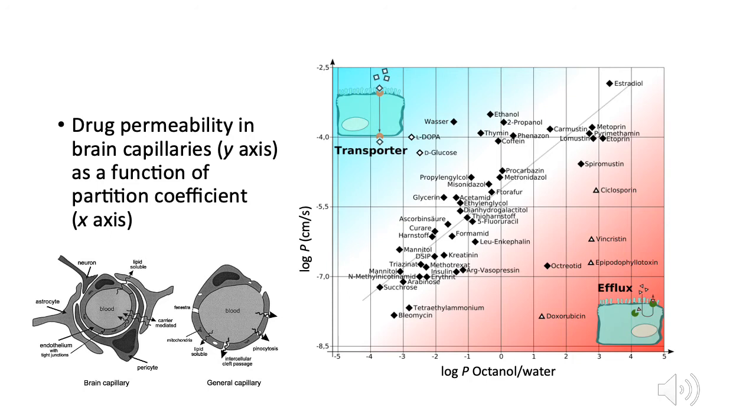We can see in the figure here the drug permeability in brain capillaries on the y-axis, as a function of the partition coefficient on the x-axis. We can see some examples of different drugs, for example hormones, which obviously can pass through the blood-brain barrier, with their different partition coefficients.